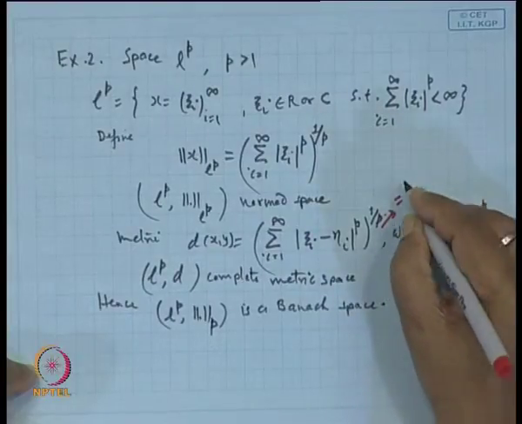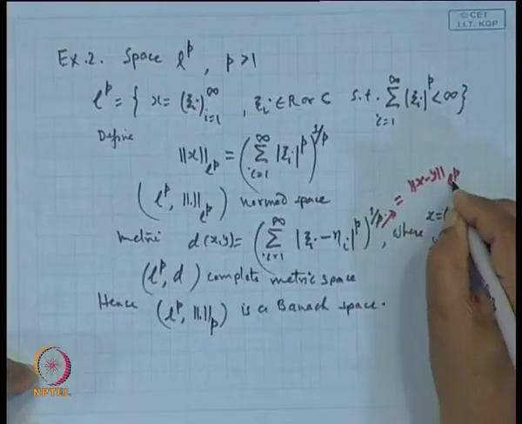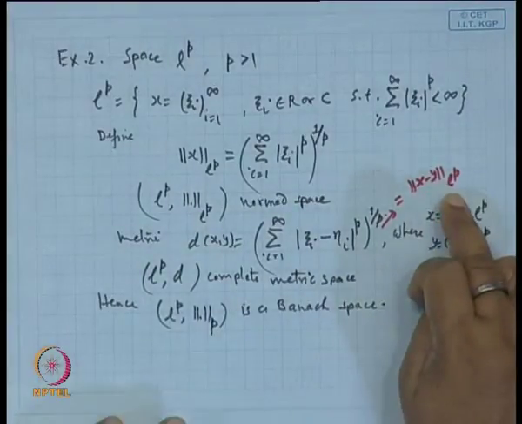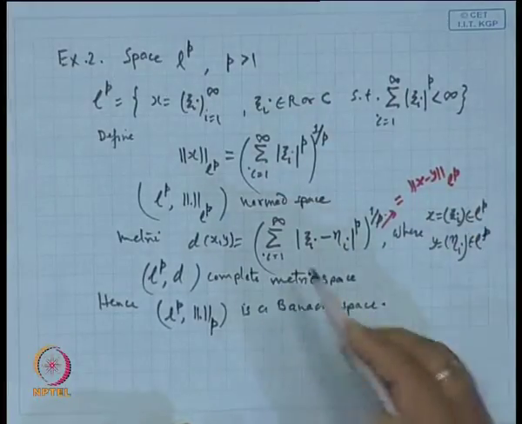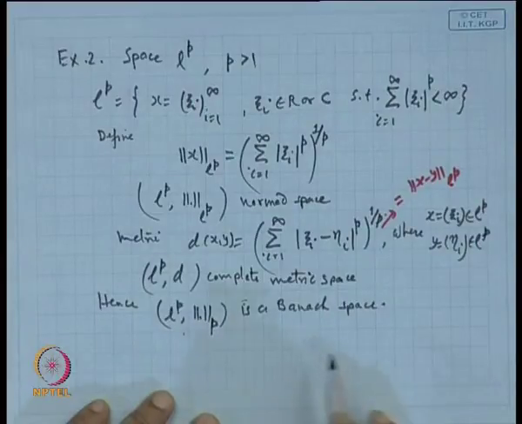Is it not? So, d of x, y is defined in terms of the norm, and with this metric it forms a complete metric space. Therefore, l^p with norm p is a Banach space.